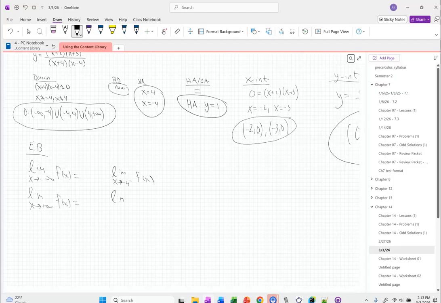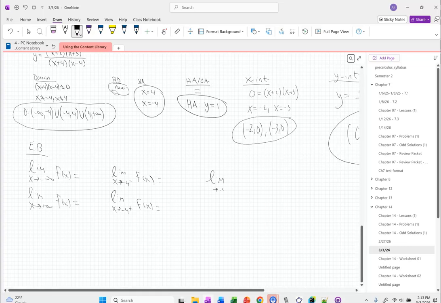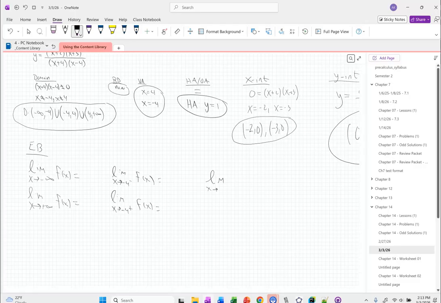The left side of the first vertical asymptote, and the right side, and then the left side of the second vertical asymptote, and the right side of the second vertical asymptote. So that much I can guarantee to write. Shouldn't make a mistake there.